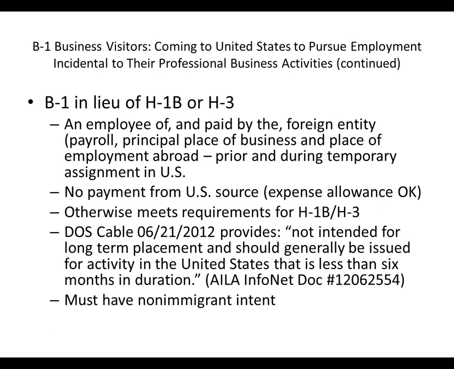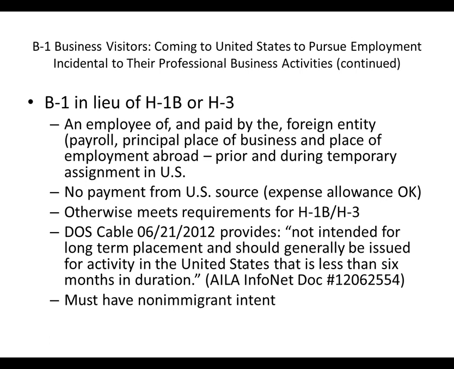The H-3 is in and of itself a very complex and restrictive type of visa, so that even though it would maybe be for training programs that would be, say, 13 months, 12 months, but absolutely no more than 24 months, that might be appropriate.